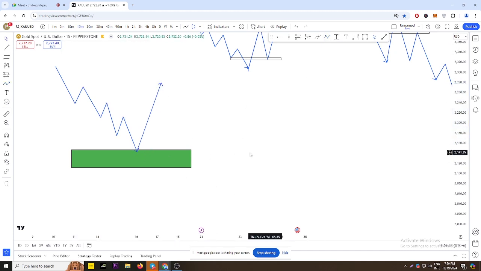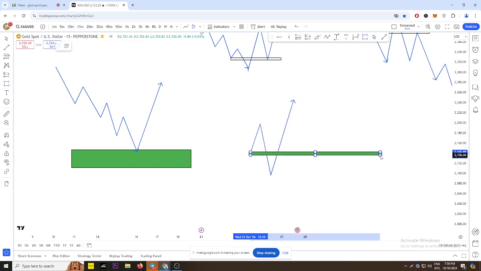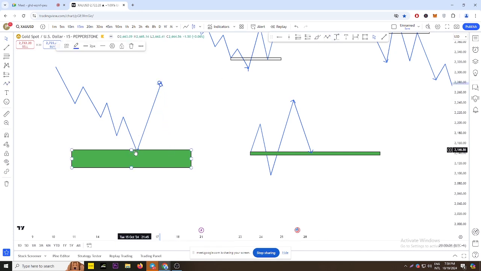Now this is a QM buy pattern. Let me draw a QM buy pattern here. So let's say a QM buy pattern is already created, and the market comes back to here. Both scenarios are the same. We are going to buy from here.